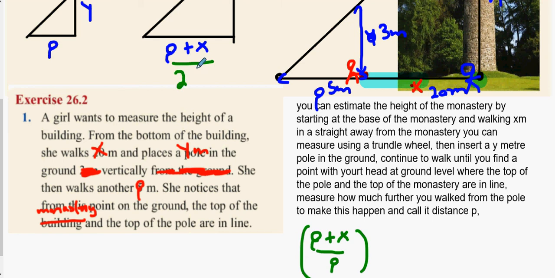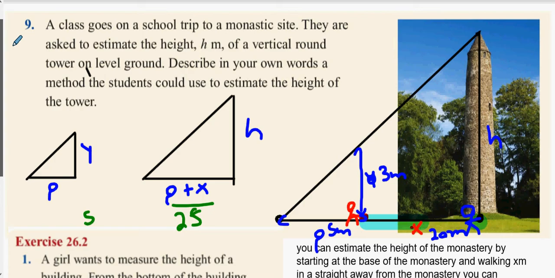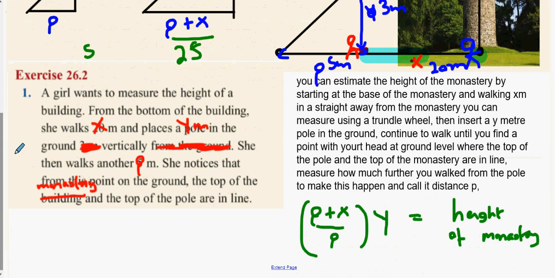That was 25 divided by 5 in question 1, so that would have been 5. And then you multiply that by Y equals the height of the monastery. I get that's a very difficult question to answer, but that's the way you've got to describe it. And then you can calculate that. Okay, and that's it.